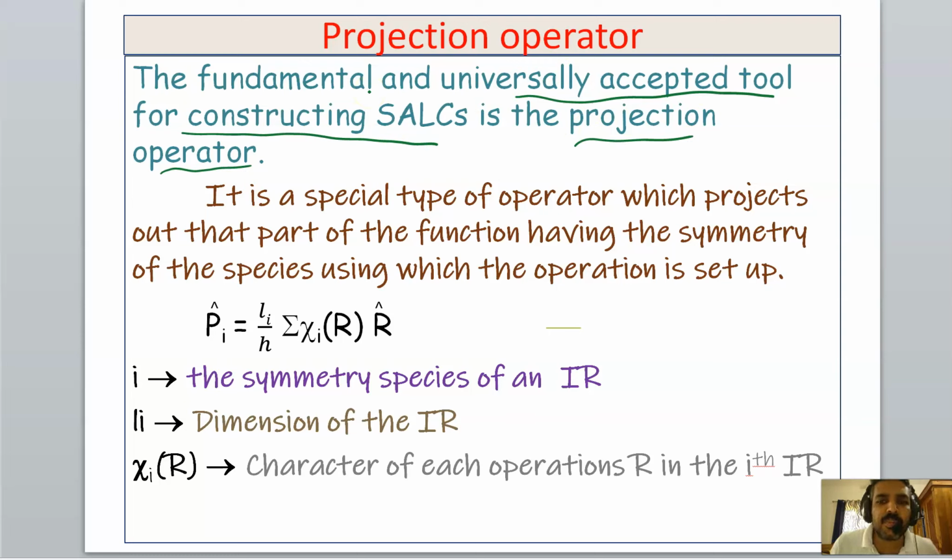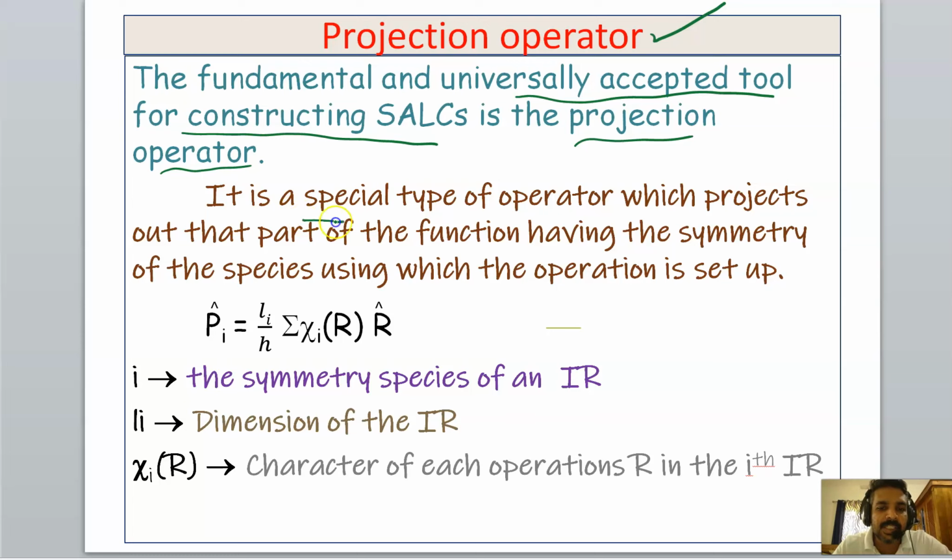We can determine the symmetry adapted linear combination directly from the character table. There are different methods, but this is a very direct method. SALCs can be easily found using the projection operator.